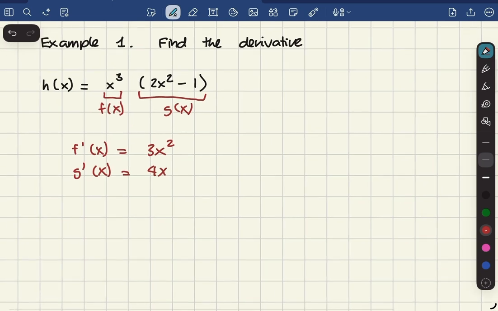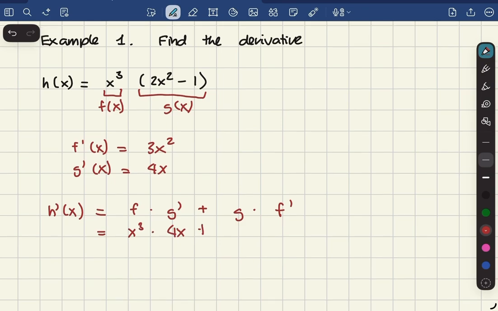So the derivative of the function h of x would be the function f times the derivative of g plus g times the derivative of f. So let's just rewrite: the function f of x is x cubed times 4x, plus g is 2x squared minus 1 times the derivative of f, which is 3x squared.